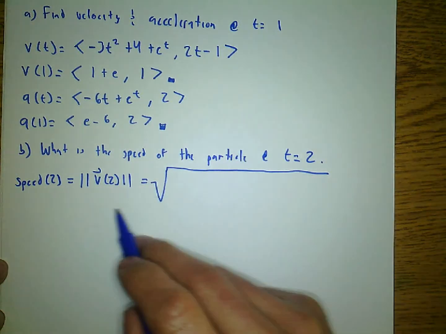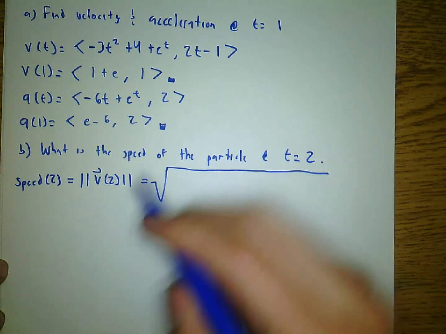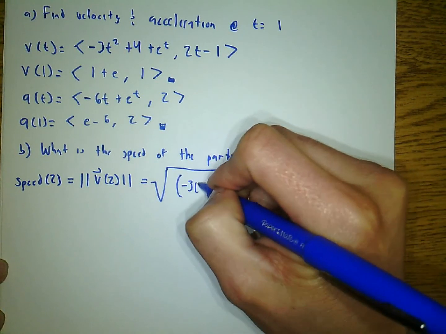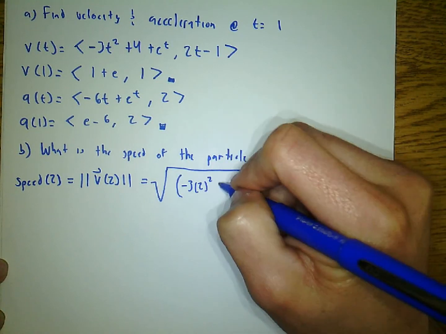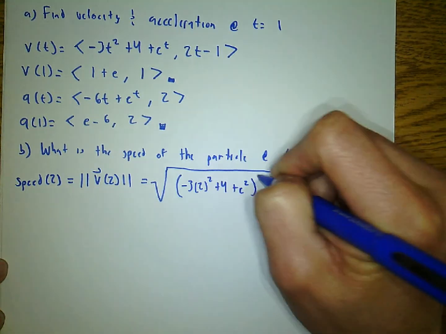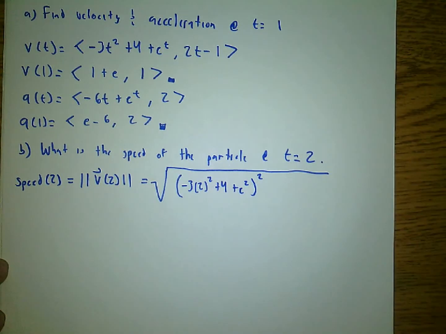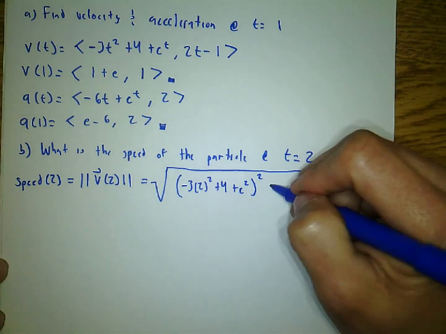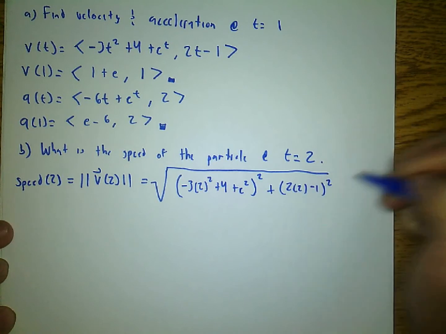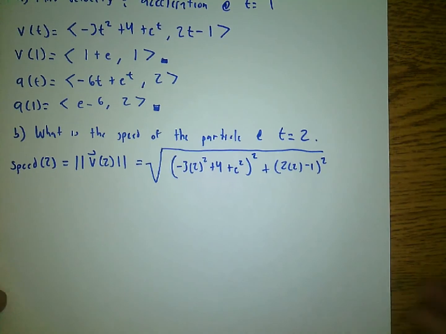The way I wrote it, I'm already going to plug in the 2, so let me know if I lose anyone. So I'm going to say negative 3 times 2 squared plus 4 plus e squared, plus 2 times 2 minus 1 squared. Agreed? Algebraically, that's how I would go about it.